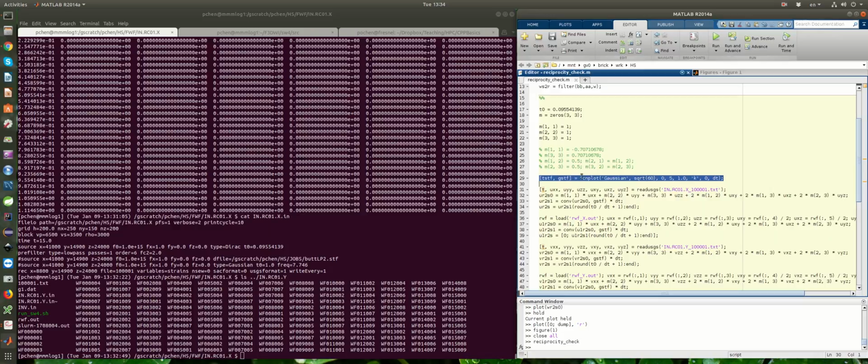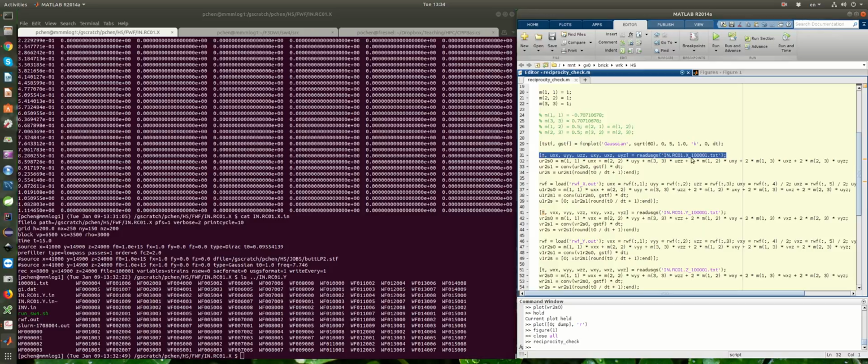After I finish reading those synthetics from the Green's tensors, I have to multiply with the moment tensors. With the moment tensors, there's a 2 here, there's a 2 here. The reason for those cross terms xy, xz, and yz is that you have to multiply by 2 to account for the moment tensor.